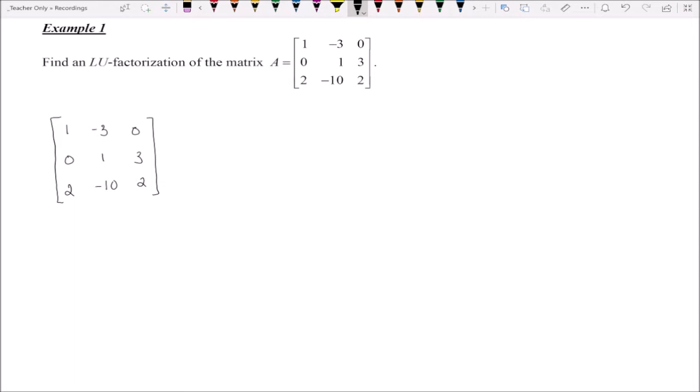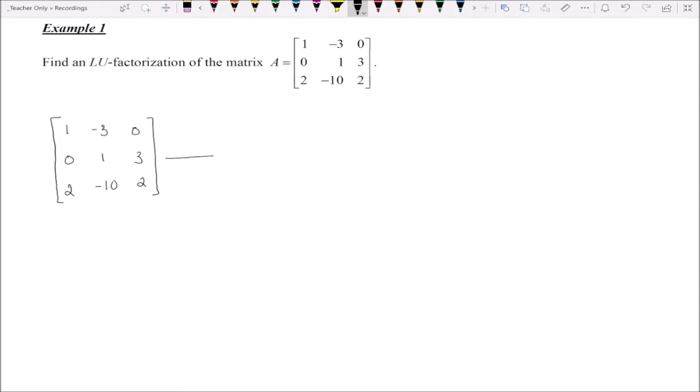Specifically, there's only one elementary operation that we wish to focus on, and that is type 3.